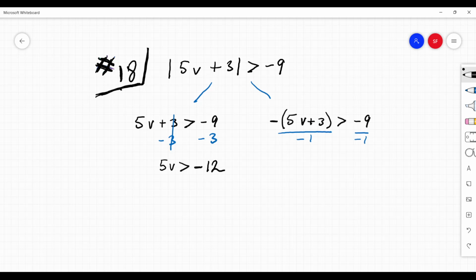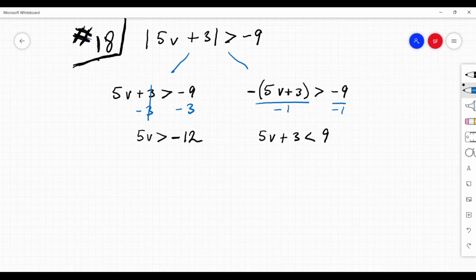And on the right equation? 5b plus 3 is less than 9. Okay, what am I going to do now? Subtract 3 on the side to the right. Okay. And on the left? Divide by 5.